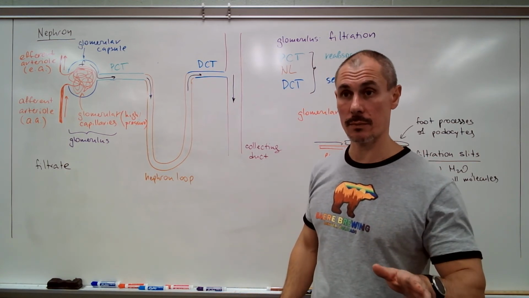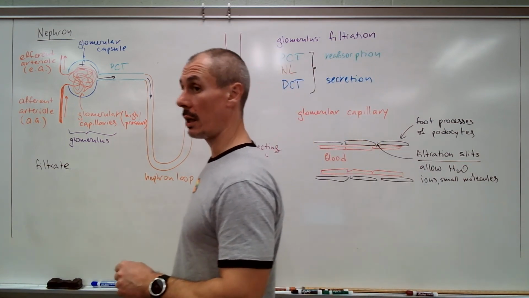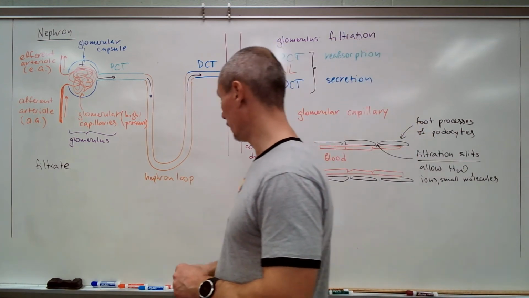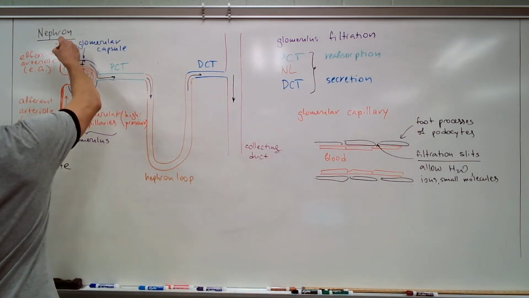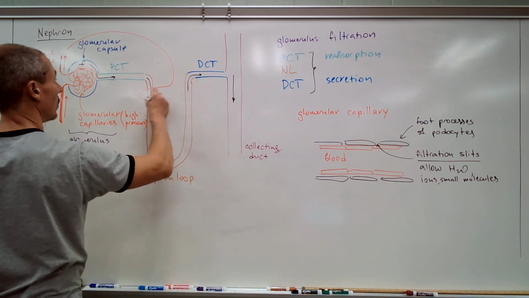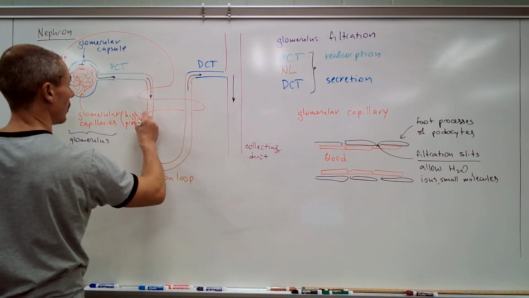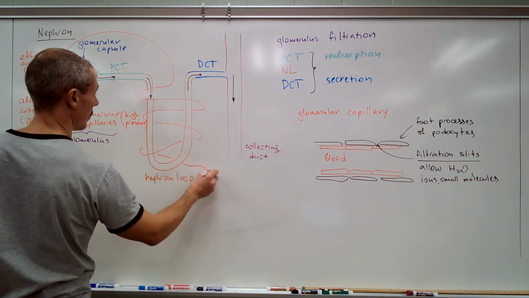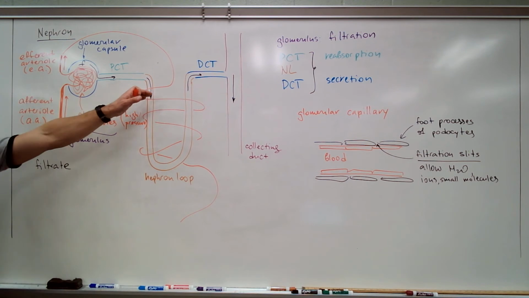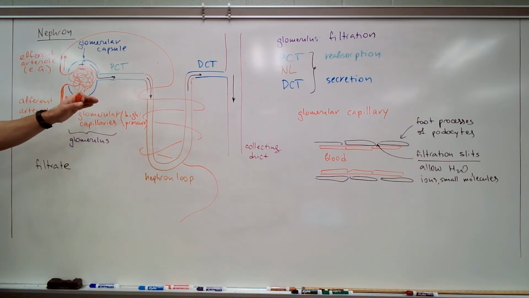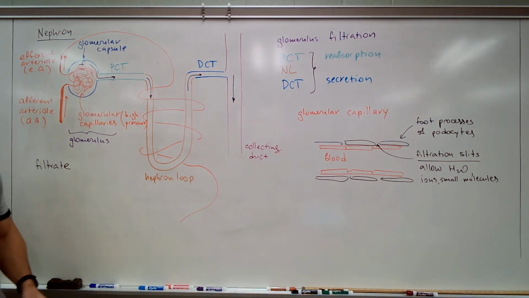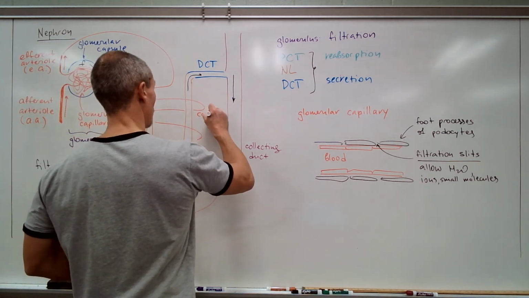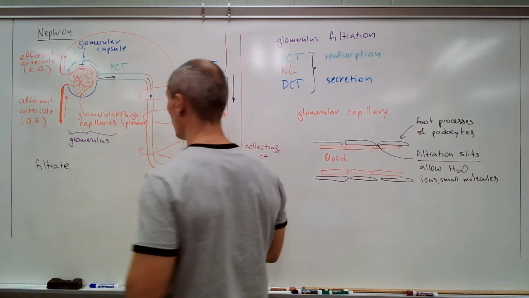Does that make sense? Then, as filtrate passes through the proximal convoluted tubule, it is reabsorbed. The ions and water and small molecules are reabsorbed in the capillaries.